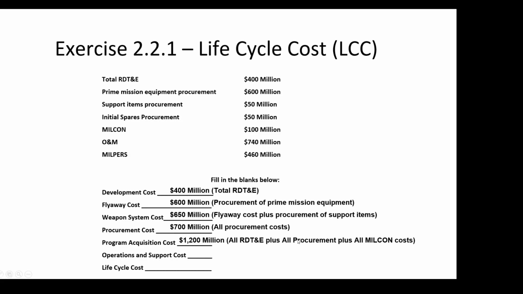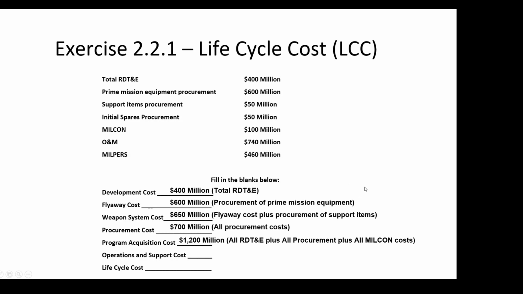All RDT&E plus all procurement plus all MilCon. And I'm putting this "all" because it's not going to always be so nicely separated for you. It's going to have several MilCon, several RDT&E, and several procurement listed there.